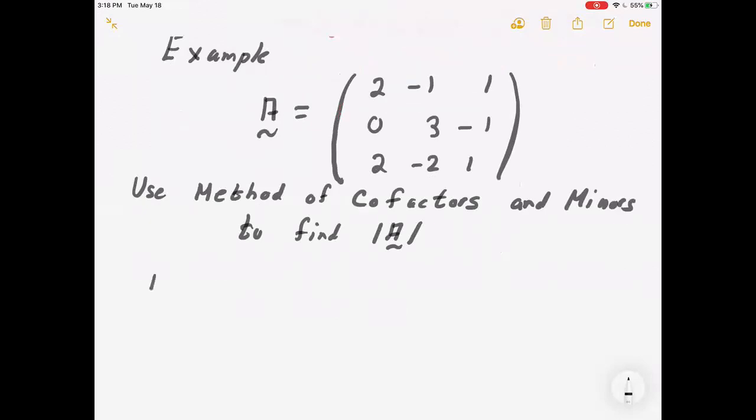Okay, first things first. You have to make a choice. Let's expand our determinant of A about something, and we're going to expand it about row 1.